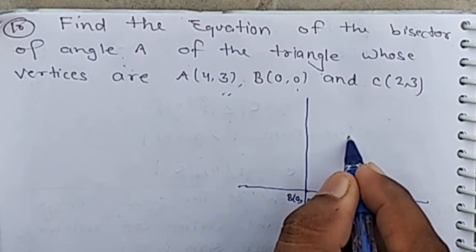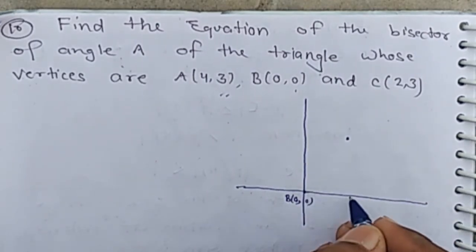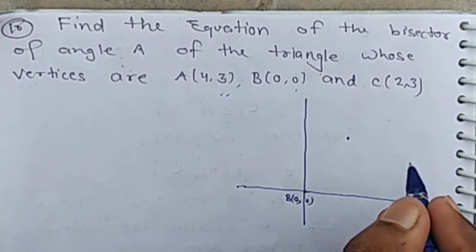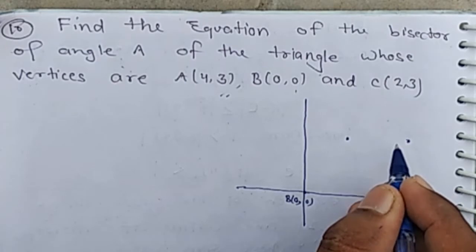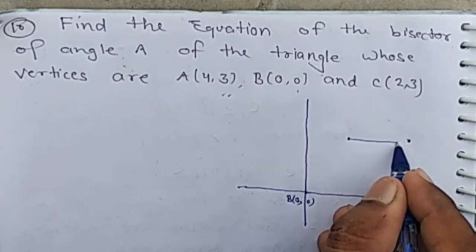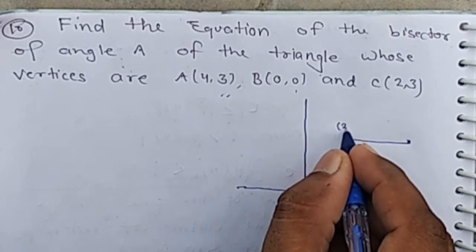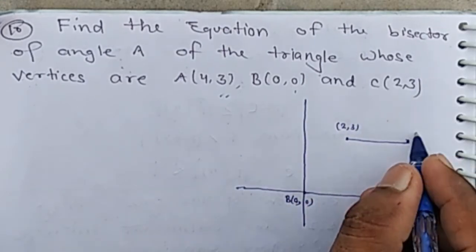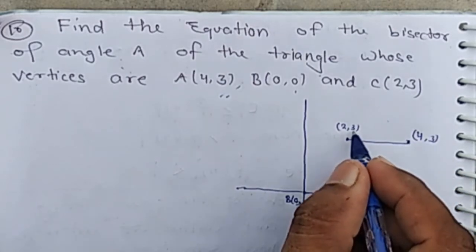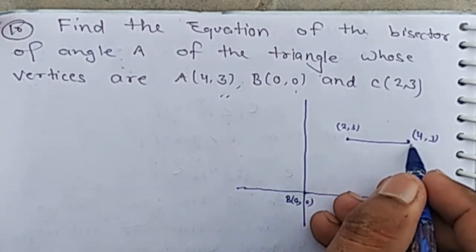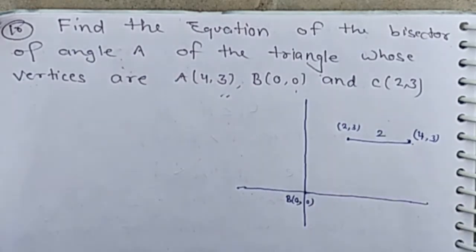And (4,3) means the distance on the x-axis is 4 and on the y-axis is 3. So (2,3) and (4,3) lie on the same line. Since the ordinates are equal, the distance between these points is 4 minus 2, which is 2.